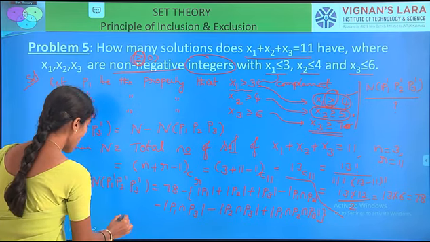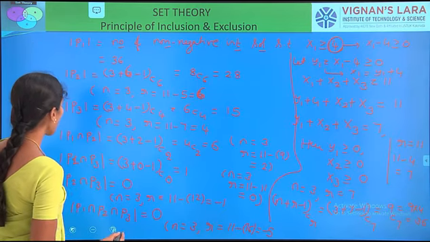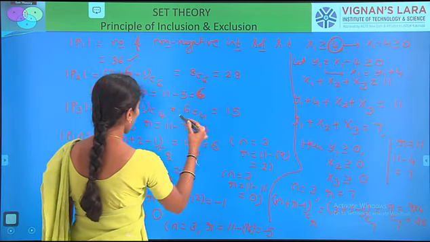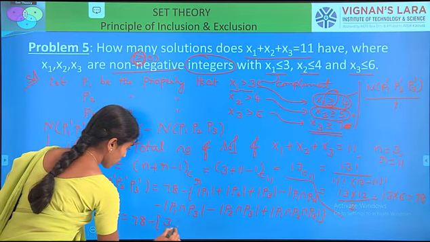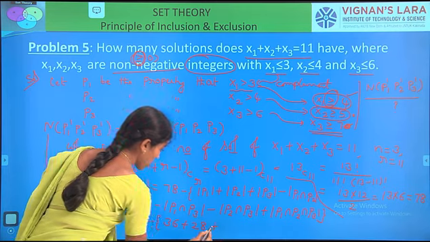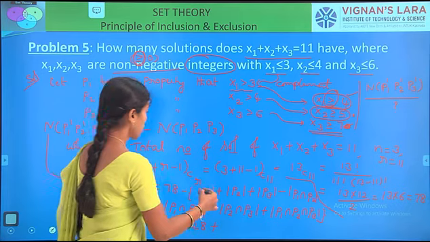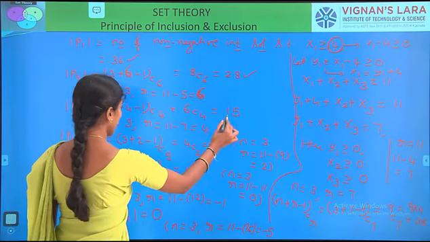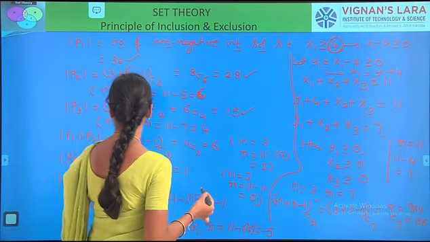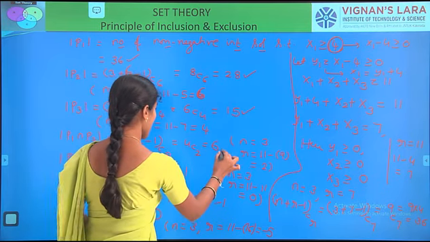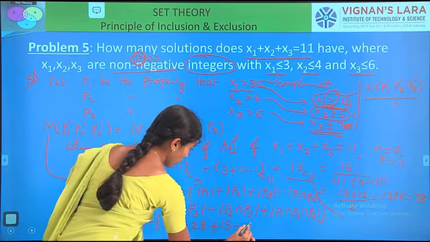Now substitute these values here. 78 minus P1 cardinality, which is 36, P2 cardinality is 28. Plus P3 cardinality 15. P1 intersection P2 is 6. So plus 15 minus 6.